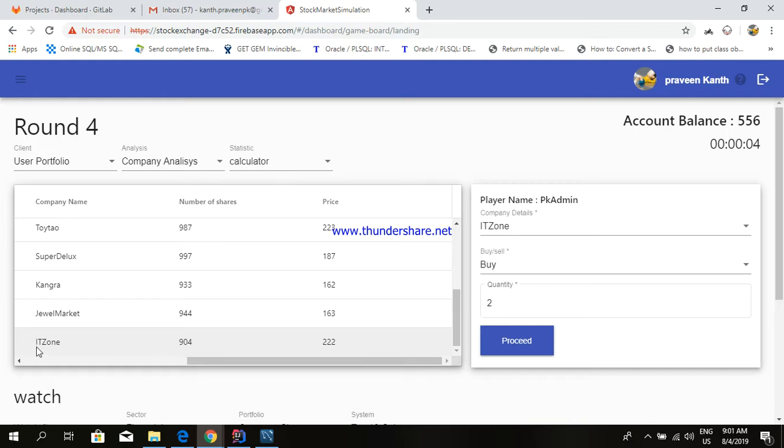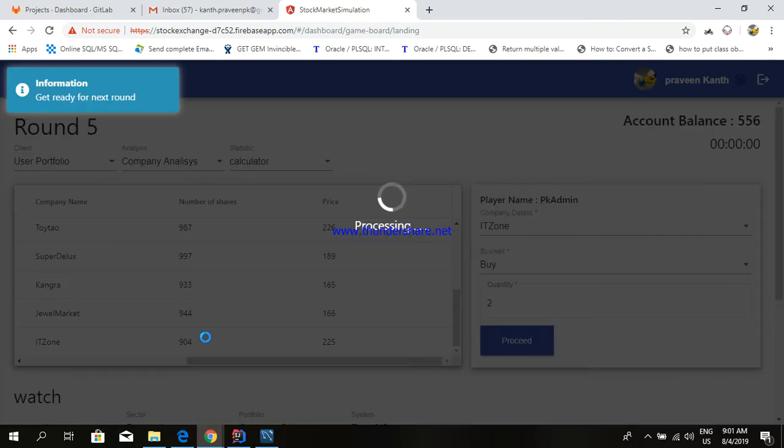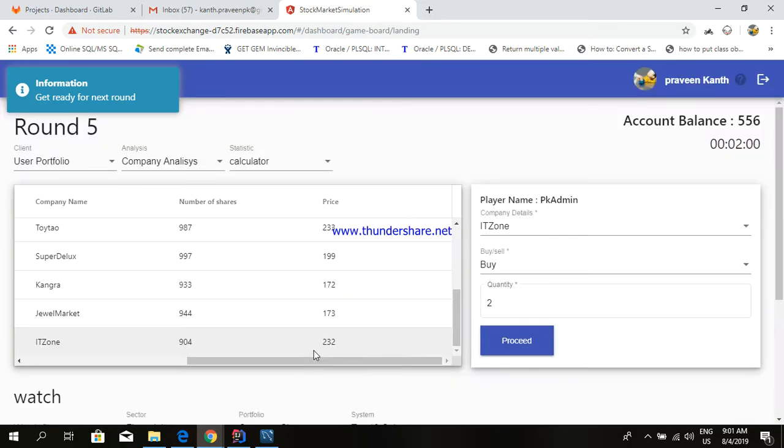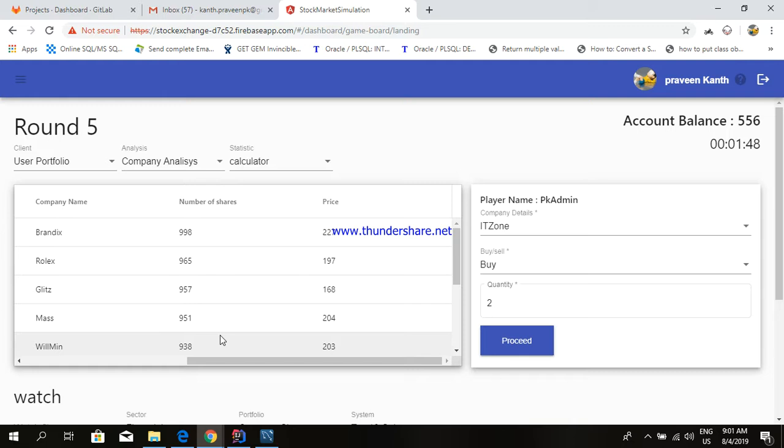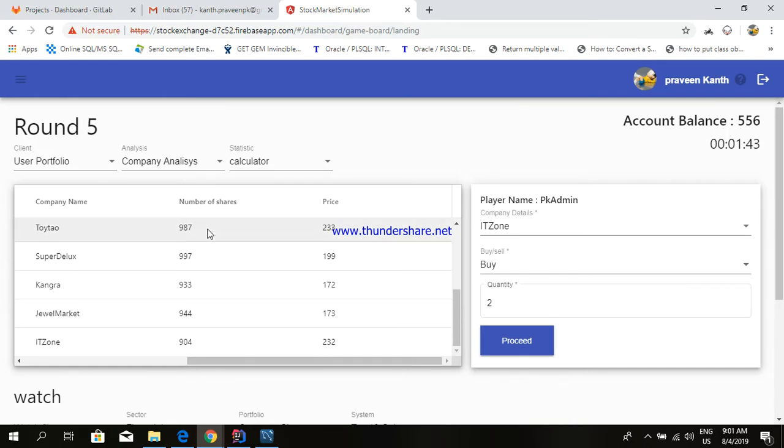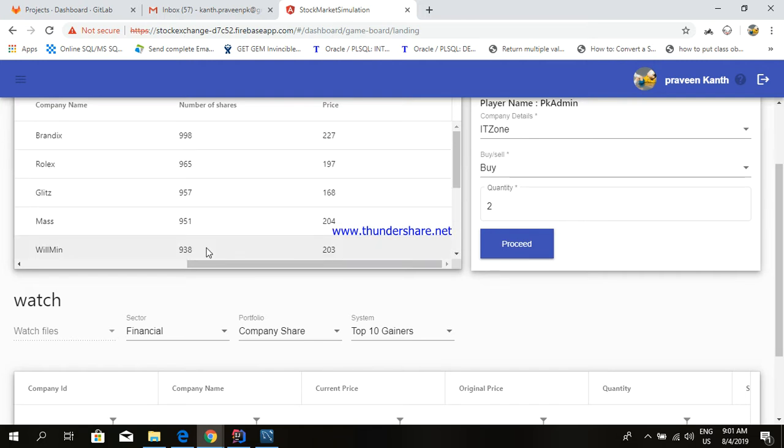Please note, I will show this particular company record and how the variation happens in the next round. So yes, you can see the variation, the market boom. This is something simulated in our algorithm, a market boom. You can see the prices have changed. Now I will check the share market portfolio for higher quantities.